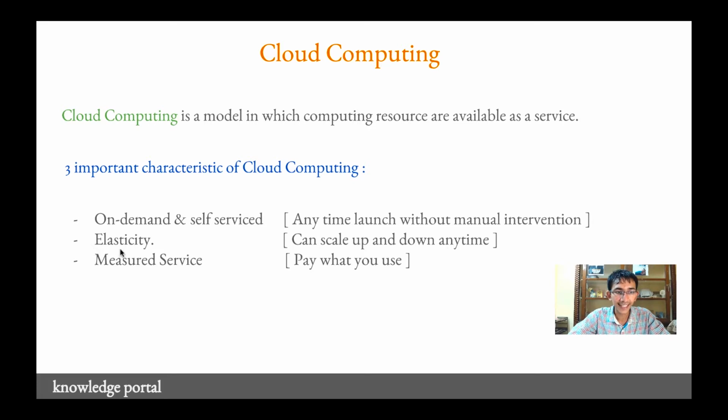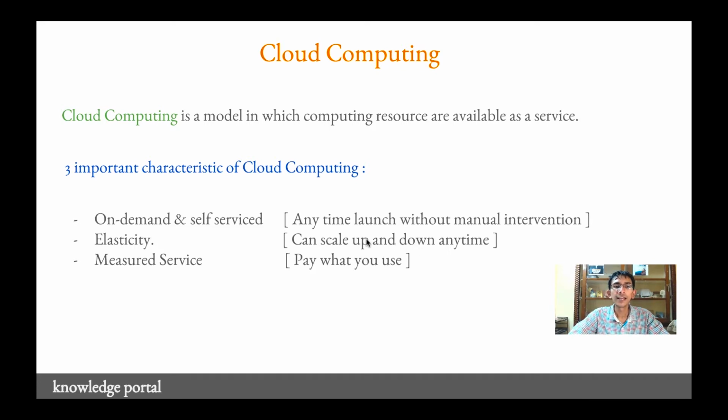The second characteristic is called elasticity. Elasticity is a very important characteristic of cloud computing, which basically means that a service can scale up and it can scale down anytime I want.